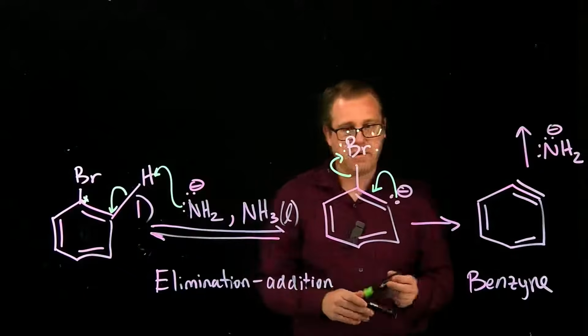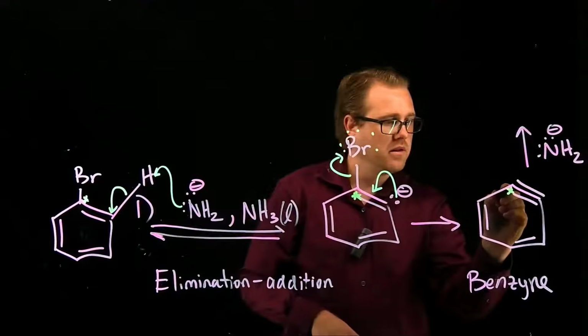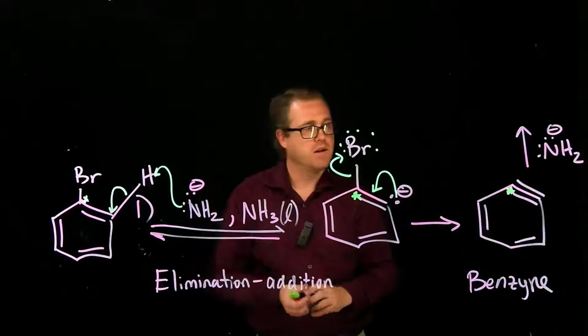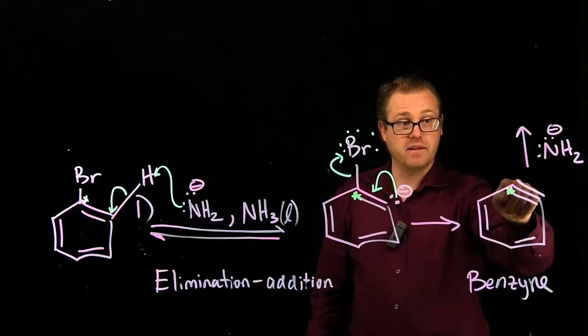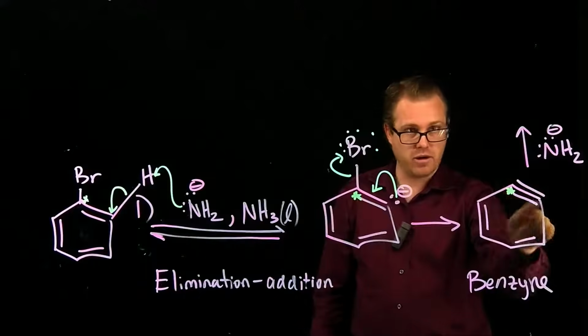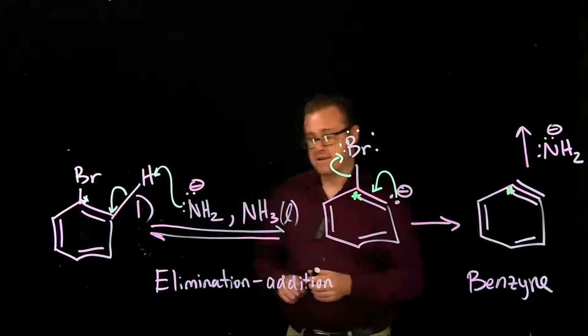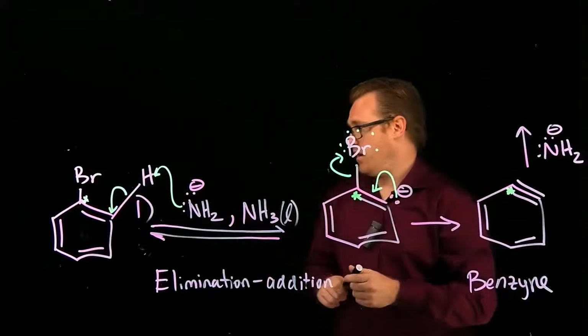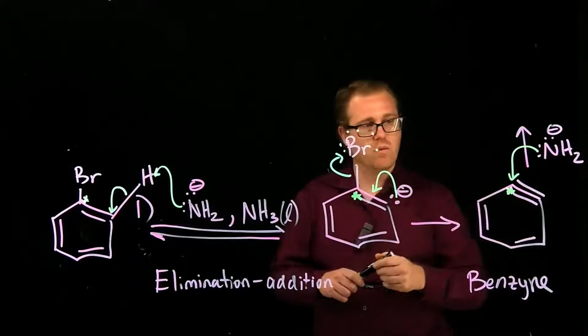And if we were following the isotopic labels, okay, that nitrogen species can attack at this carbon or that carbon. It does not matter. So if we show it attacking, let's say, this species right here, what would we get?